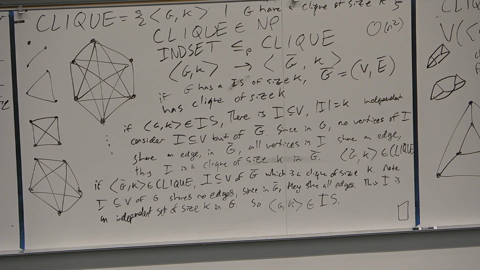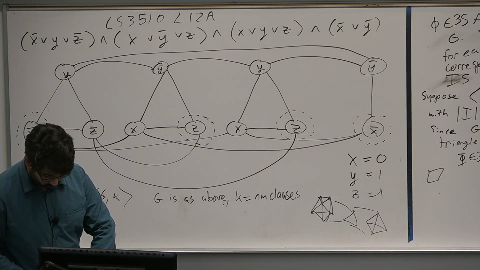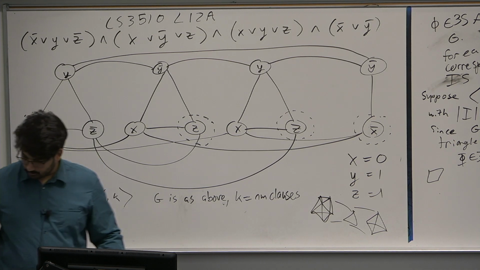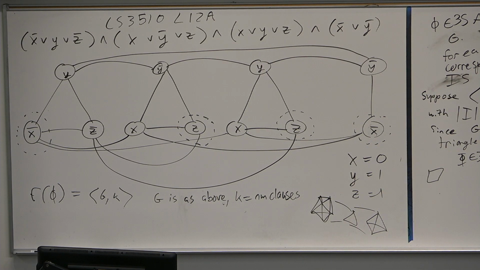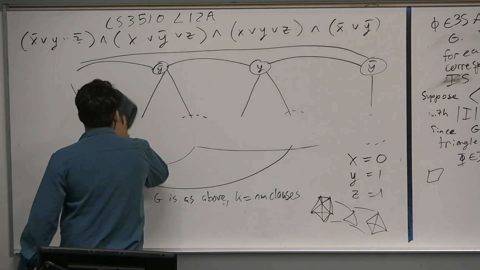Okay, let's quickly do one more. A vertex cover of a graph is a totally orthogonal problem to asking for an independent set or a clique.